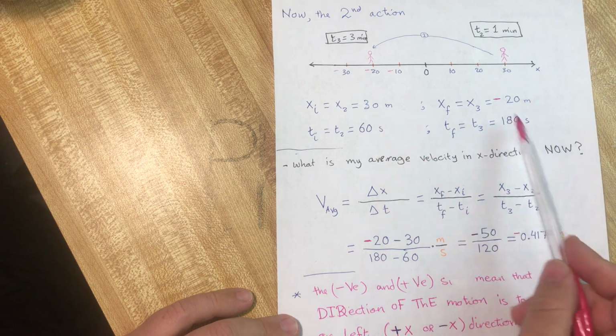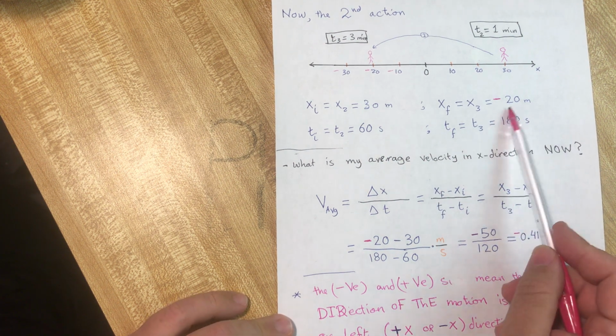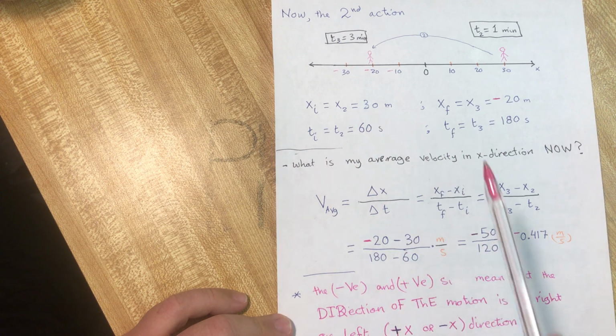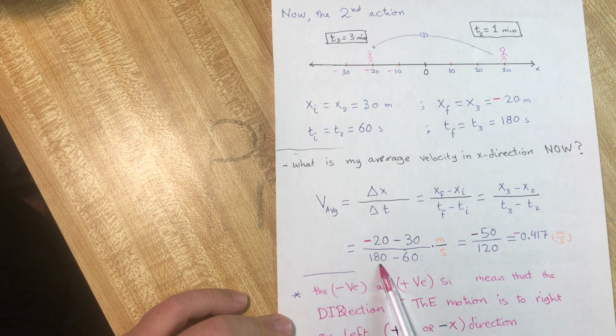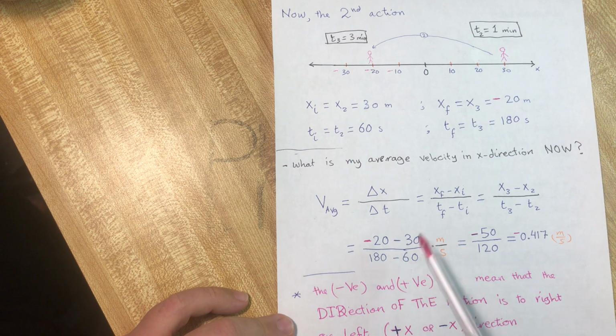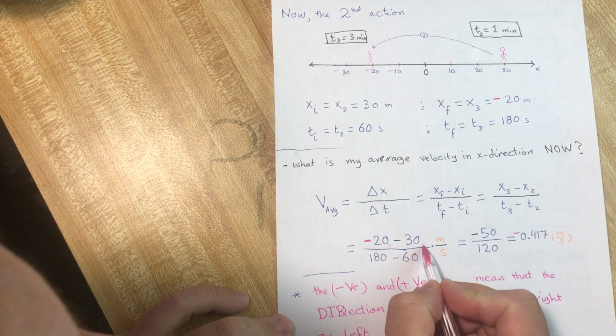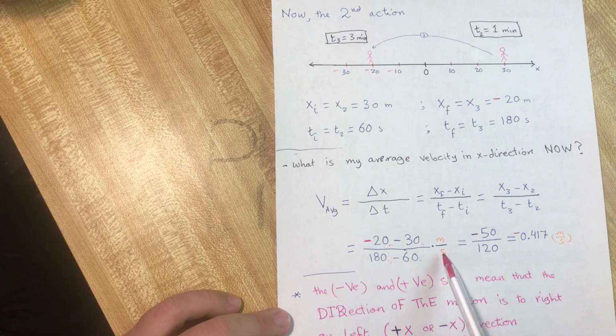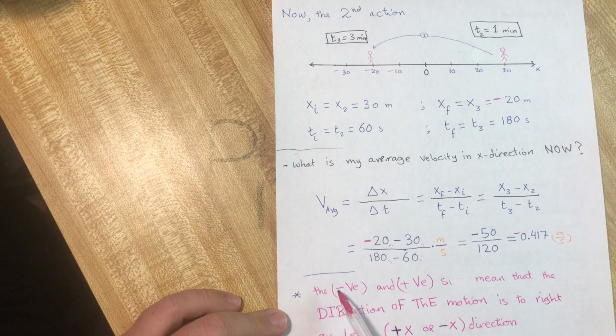Now I know the numerical values. x3 is minus 20, minus 30, which is the initial place, over 180 minus 60. All of this is in meters over seconds. If you know that the units of the velocity is meters over seconds, you can put it aside.